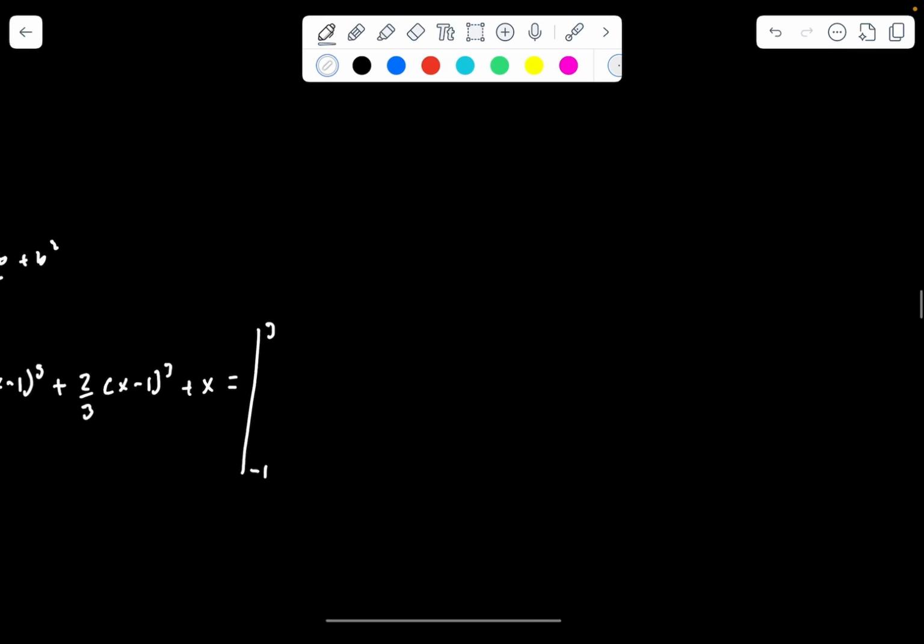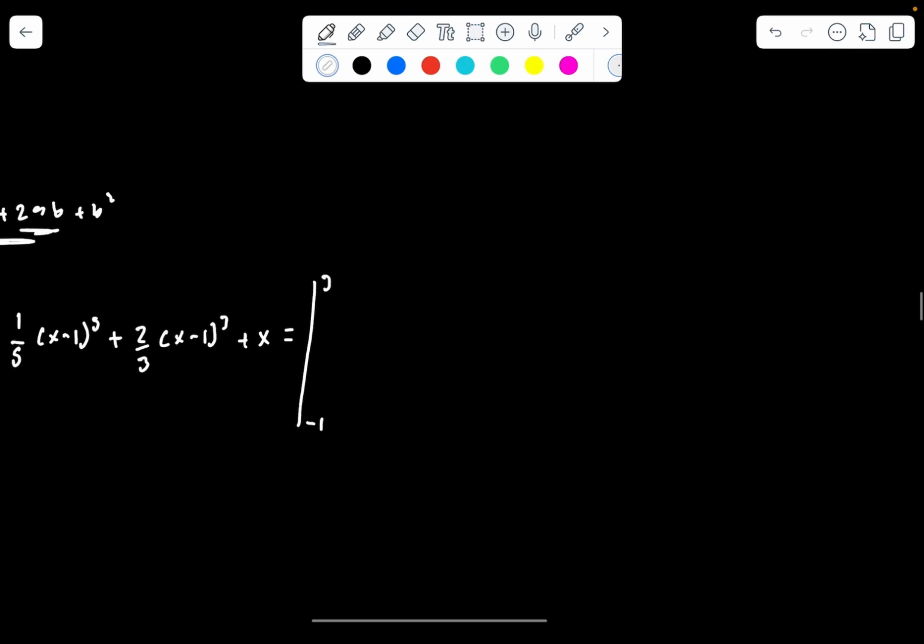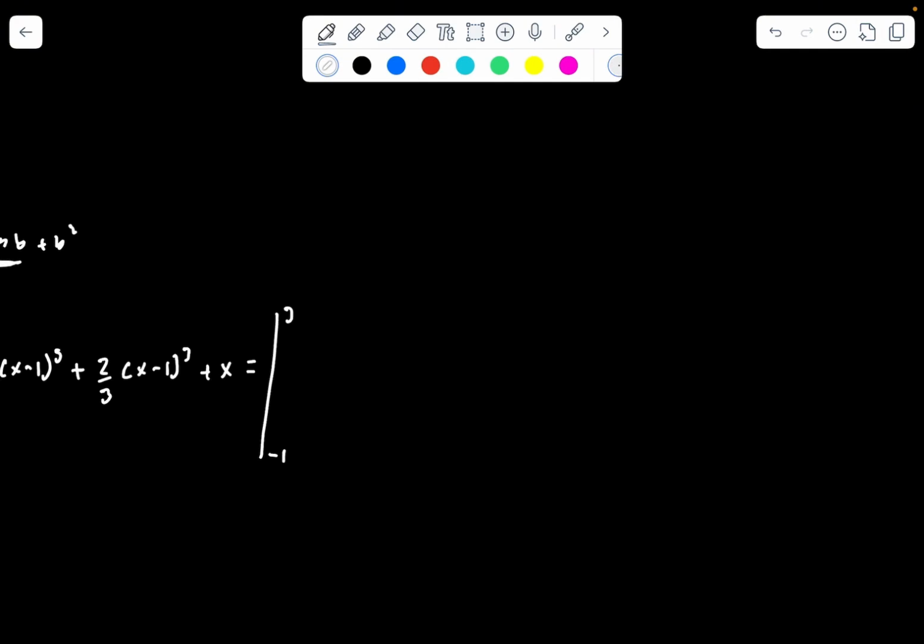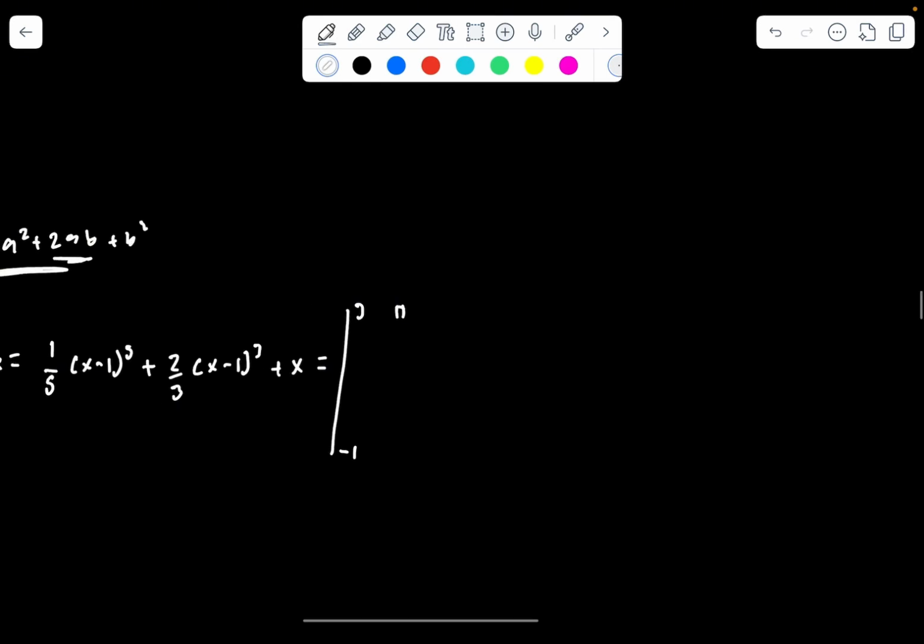We can use PEMDAS, which is going to give us our answer. I'm going to have pi. We'll use our first evaluation, which is 1/5 (3 minus 1) to the 5th plus 2/3 (3 minus 1) cubed plus 3.